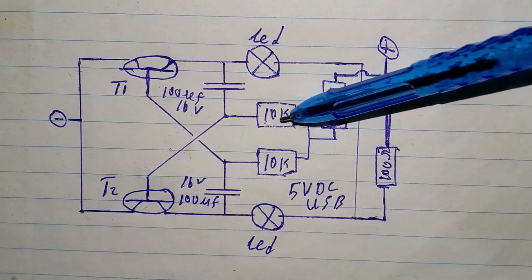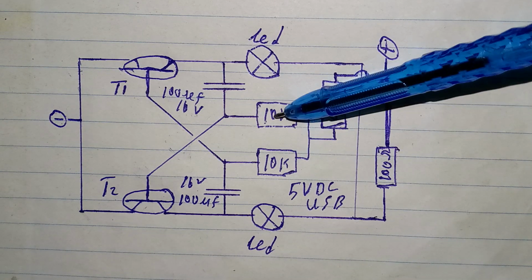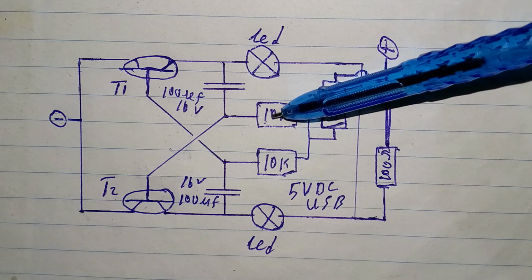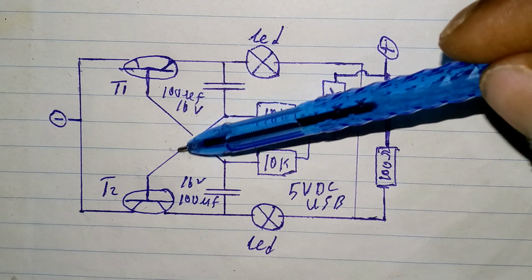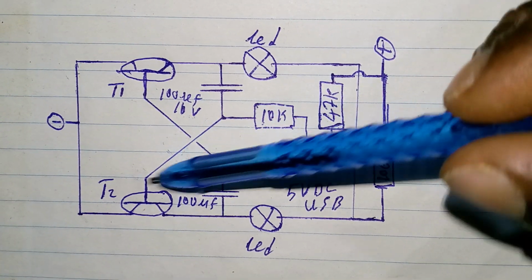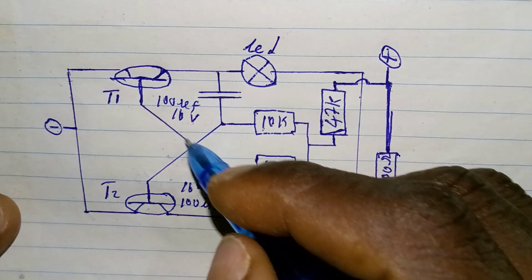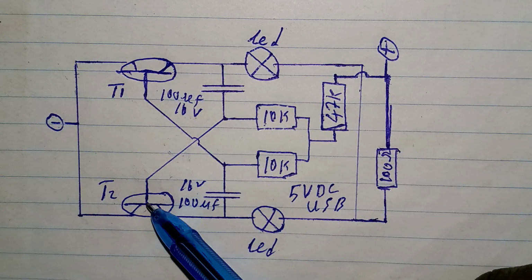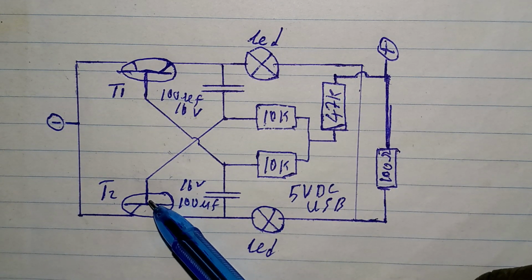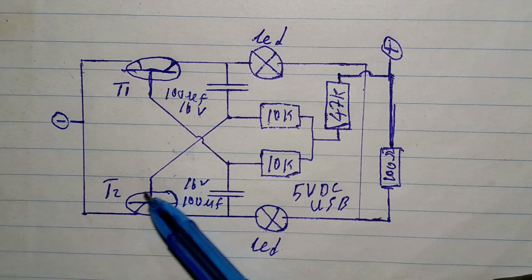Now these 10K resistors here are there to input a certain amount of current or voltage into the circuit so that the transistor will be switched on.